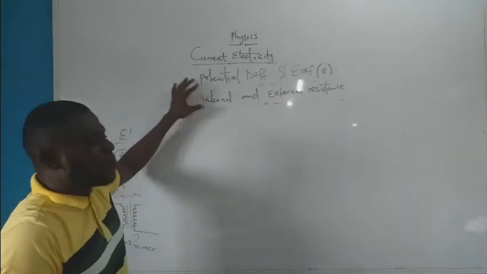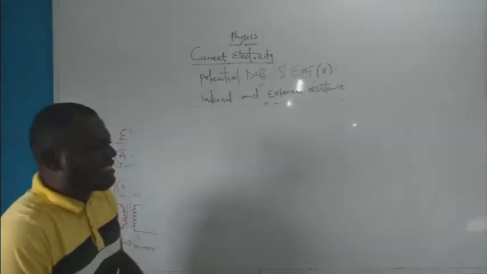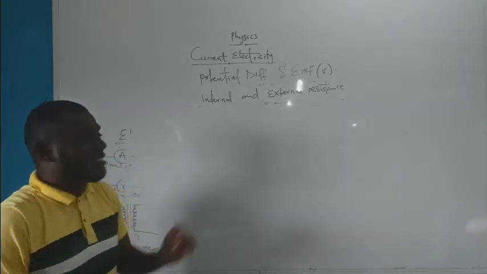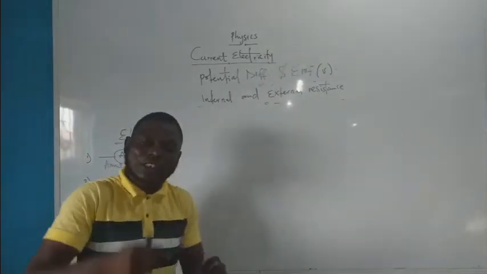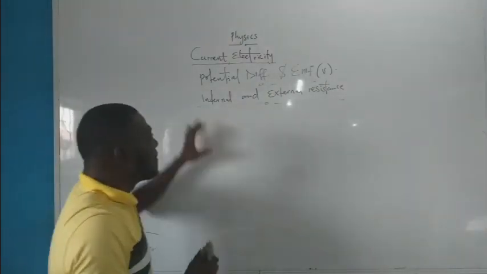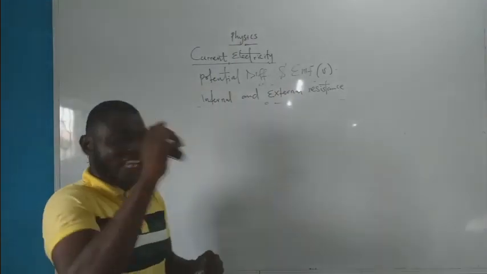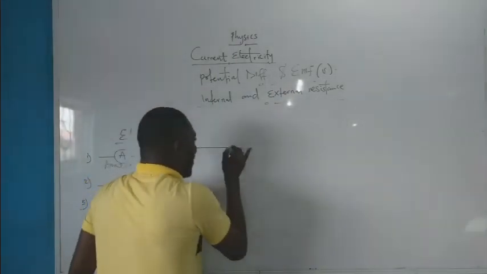The function they perform in a circuit is to determine the maximum current that the EMF will be giving out in the circuit.